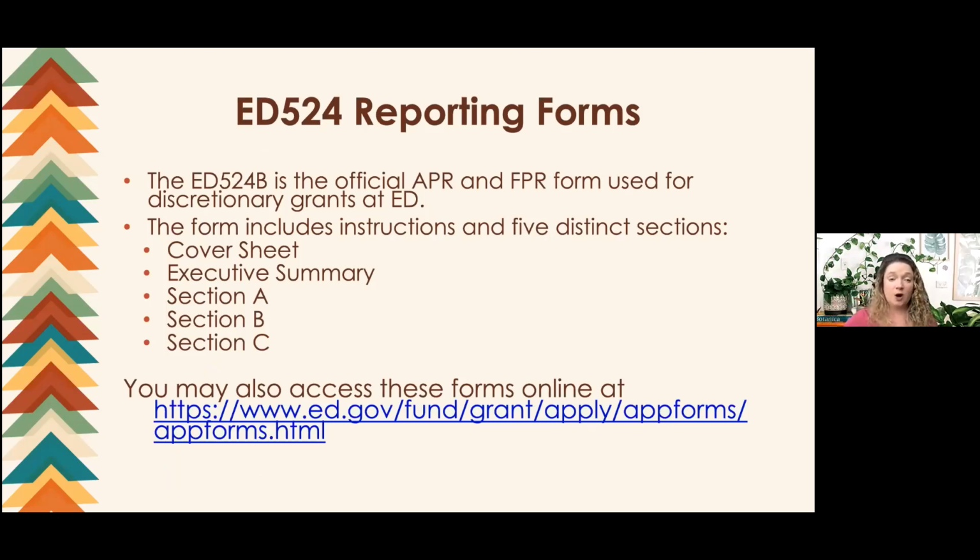It includes those parts that we talked about at the top of the time: the cover sheet, the executive summary, and sections A, B, and C. You can access that at that link on the slide. Don't feel like you have to frantically write down that link. We're going to provide you with this slide deck, this recording, and also that link separately in the follow-up email so that you can click there.